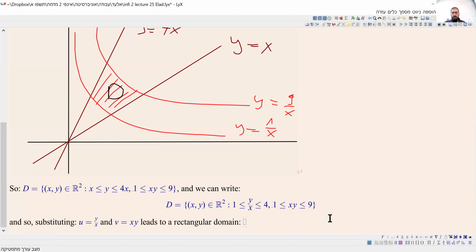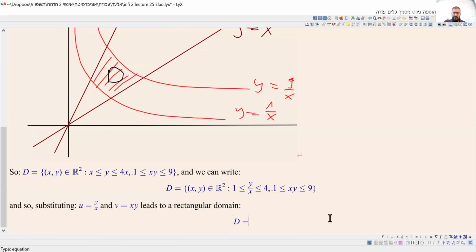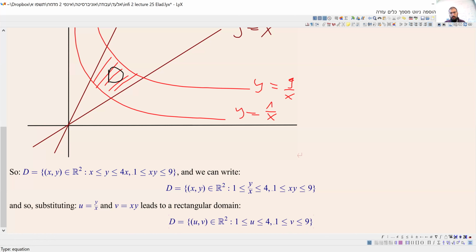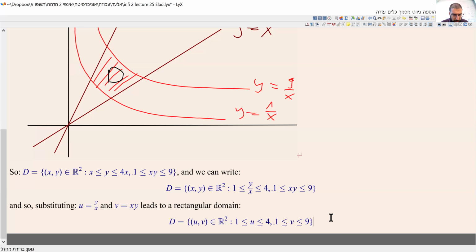In the language of u and v, D is pretty nice. It's u between 1 and 4, and v, which is xy, between 1 and 9. And what is the price that we pay?